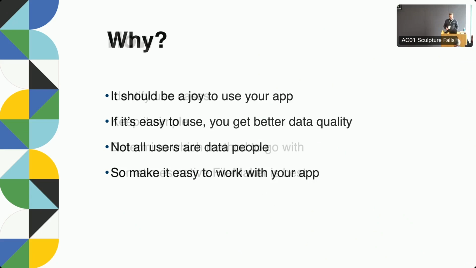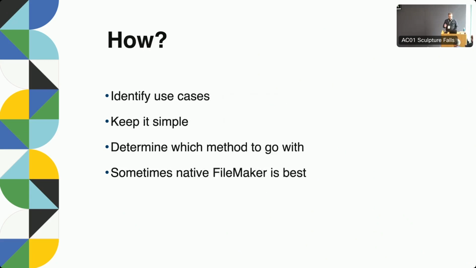So the first thing to do is to identify use cases, because not everything should be an image or something you can touch. There are uses for everything. So start by identifying use cases where, in this app, with these types of users, and it doesn't have to be all the users of the app, but for specific users, there could be a benefit from doing some of the things that I'm going to show here.